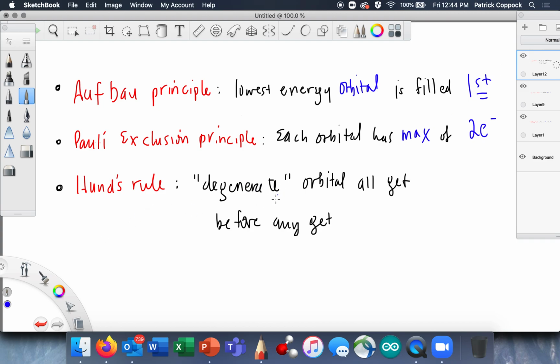Hund's rule says that a degenerate orbital, degenerate means equal energy, okay? I don't know why we use this term. It sounds like a bad term, right? But orbitals of equal energy all get 1 electron before any gets 2 electrons, okay?